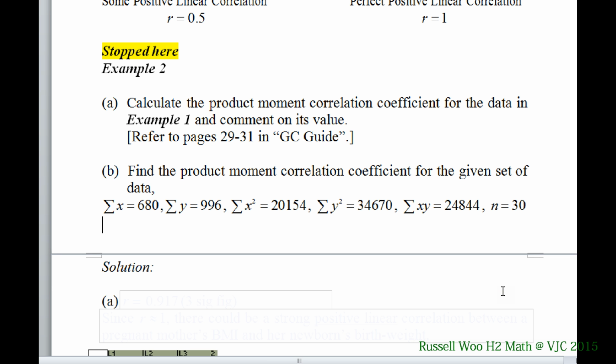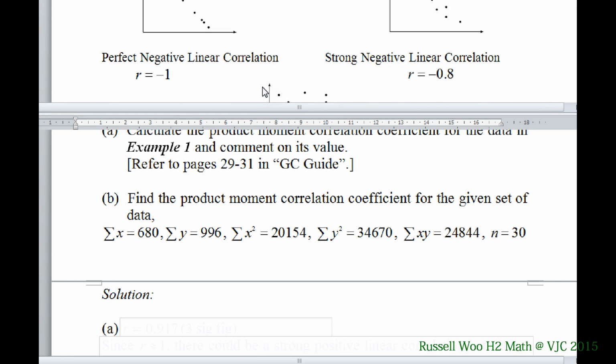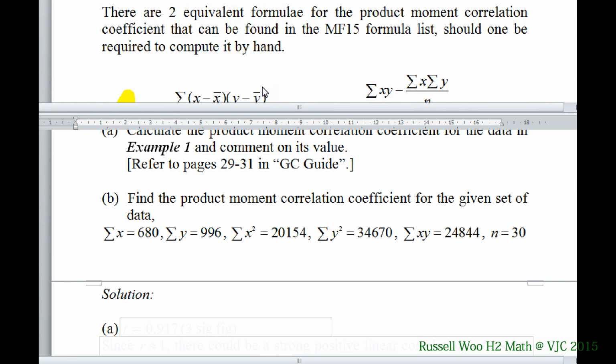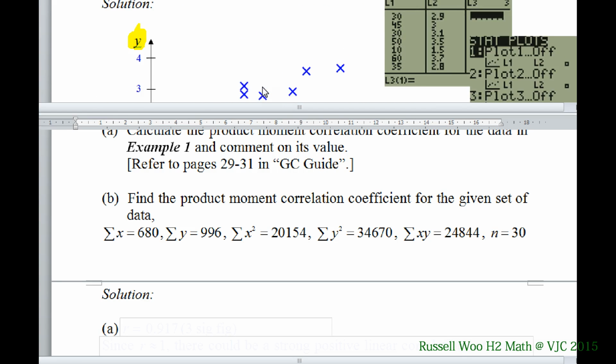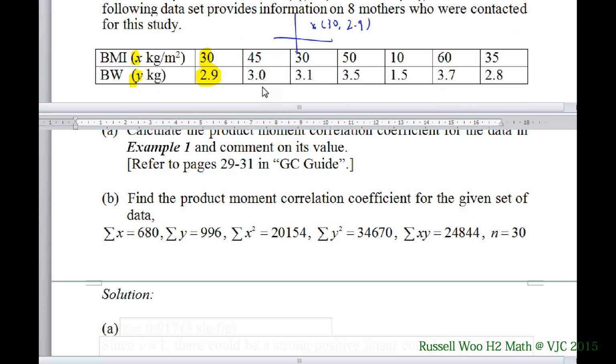Okay. But we are supposed to calculate the R for the data in example 1. Where's example 1? Example 1 is here. That means you got all these.